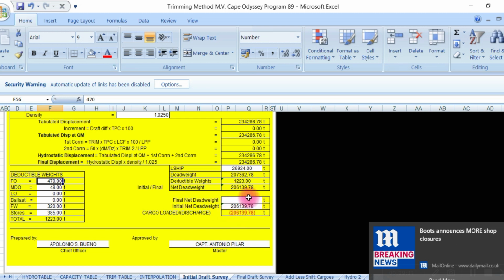So you have 139 more cargo on board compared to your initial draft survey upon arrival at Gwangyang.